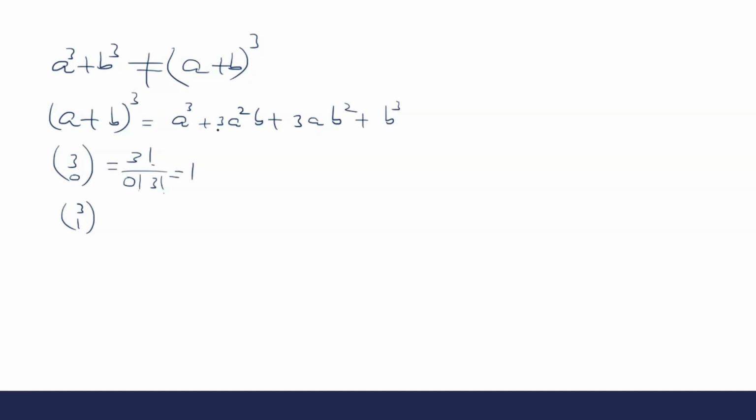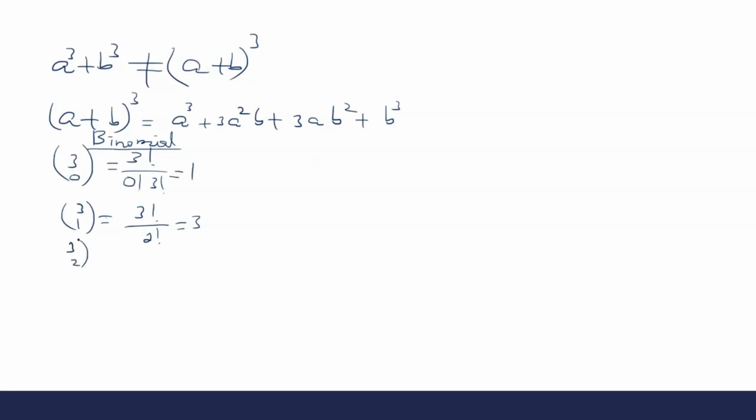To find the coefficients, we need to use the binomial theorem, which we are going to look at when we cover probability. So that's going to be 3 factorial over 2 factorial, which is 3. That's how we got that 3, and so on.